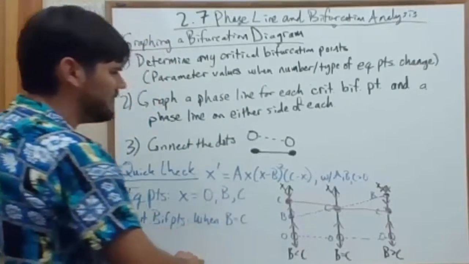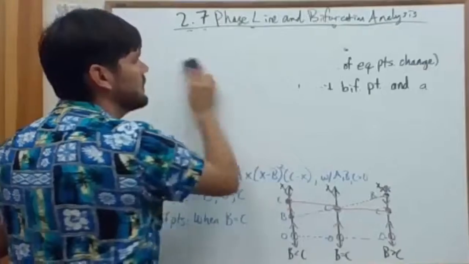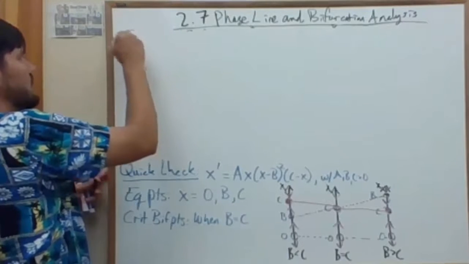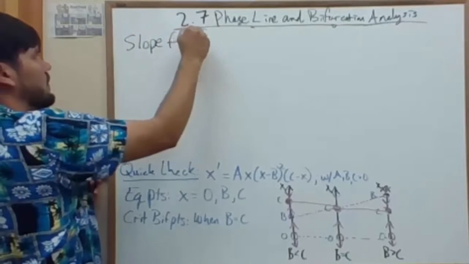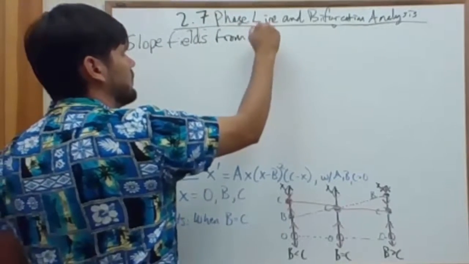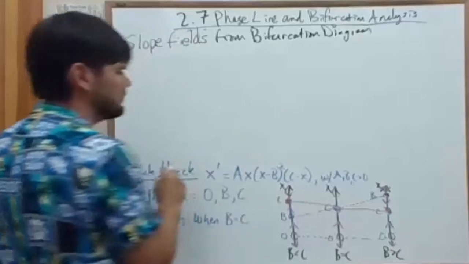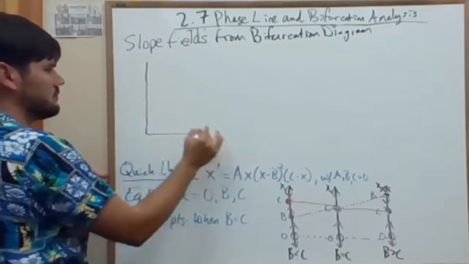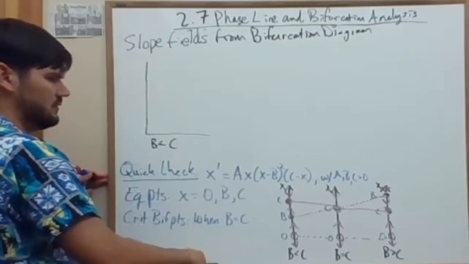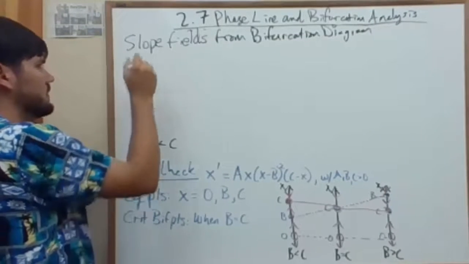And if we were to graph these, let's make some space and graph the 3 slope fields. For B less than C, we have zero.